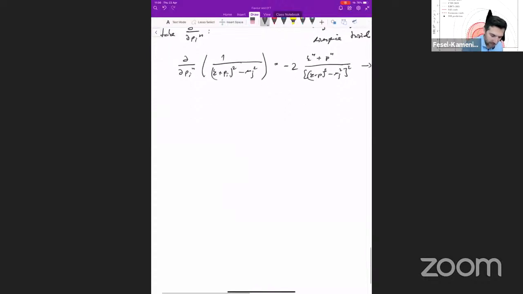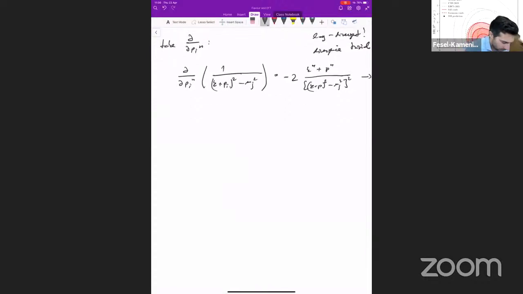So instead of writing the limit that we had before, the limit when m goes to infinity of m squared times the loop amplitude, we'll write the limit of the once-differentiated loop amplitude. In the full theory, this is the loop amplitude that we are interested in.